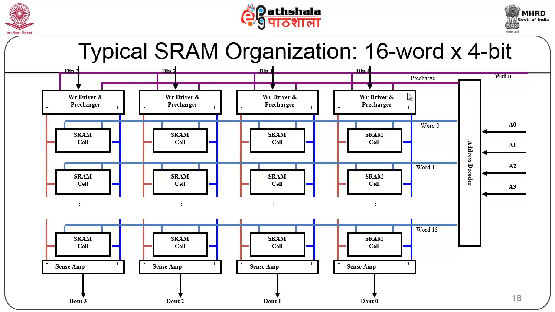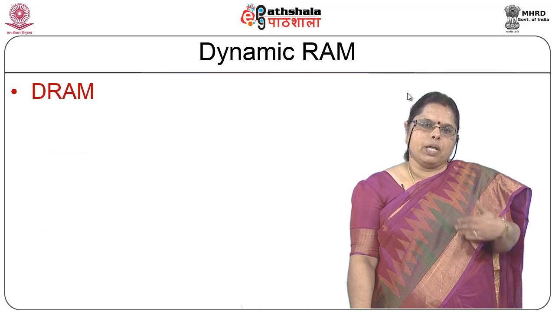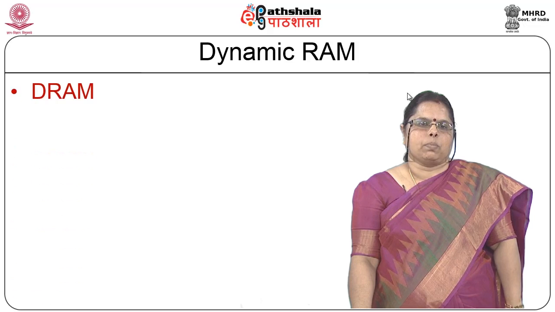Similarly, when you want to perform a read operation, the address is again given, one of the words gets selected for a read operation, and you can see the sense amplifiers that have been shown here. The sense amplifiers will detect the change, and that will be transmitted as a 0 or a 1 on your data output lines D0 through D3. So, that is the typical organization. If you are looking at bigger size memories, you can simply expand it.